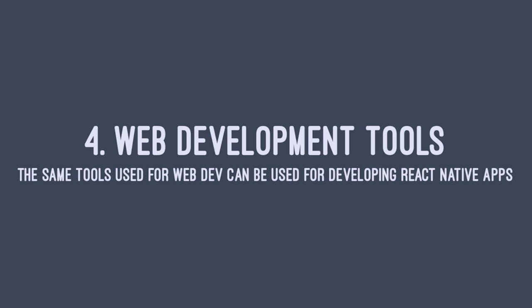So let's take a look at other web development tools, which are the same tools that we've used for web development and that we can use in this React Native world. For developing native iOS or Android, we're usually bound to using Xcode or Android Studio. But most of us, the web developers that have been using JavaScript, we want to have freedom of choosing our editors.